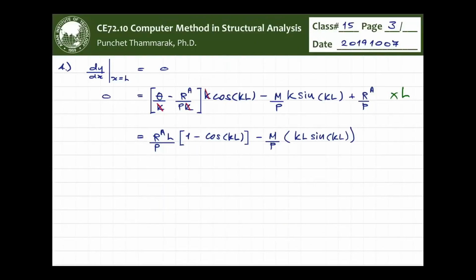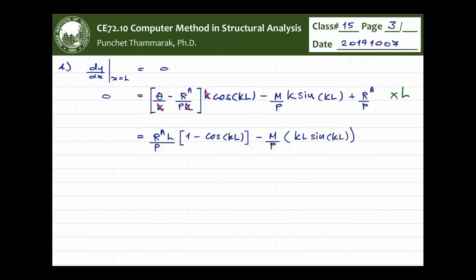M over P KL sine KL, and we try to keep everything inside the bracket or parenthesis to be dimensionless. So the terms with the length scale dimension are just in front of the dimensionless term inside the bracket.